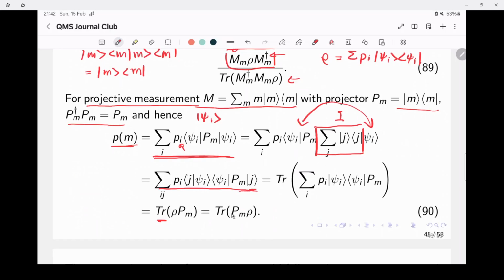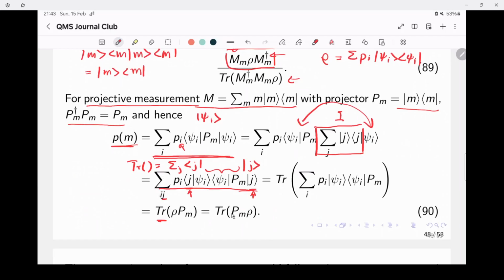So this is a definition, this is something in the middle. This is the definition of trace, right? So you see this particular structure, the j ket bra j over here, and then ket j on the other side, and then you sum over all j. So now what you need to do is to separate out the index.